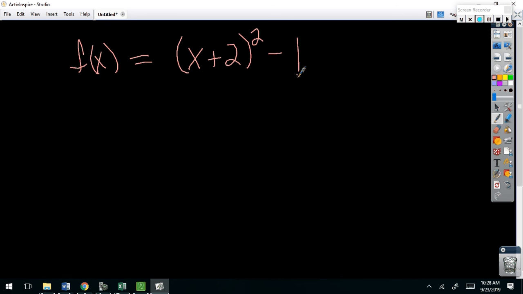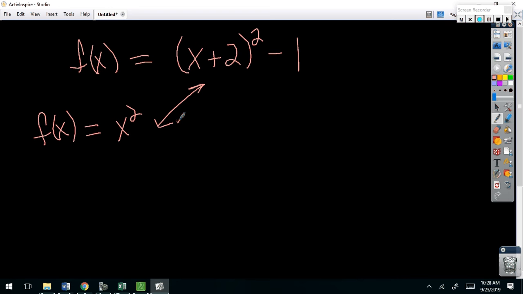Tell me what this is doing. If my parent graph is x squared, it's a parabola. My parent graph is x squared. How does this compare to the graph f of x equals x squared? What's the difference in these two? What's happening?